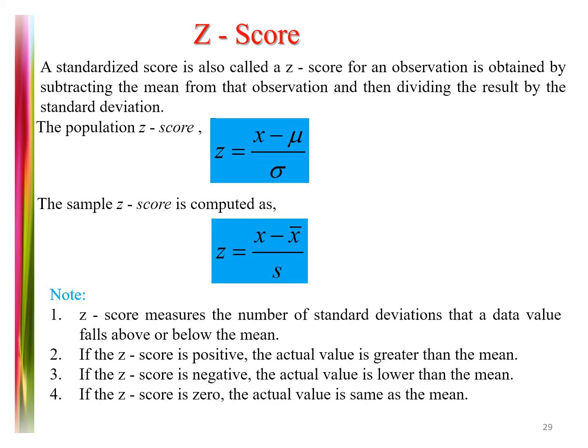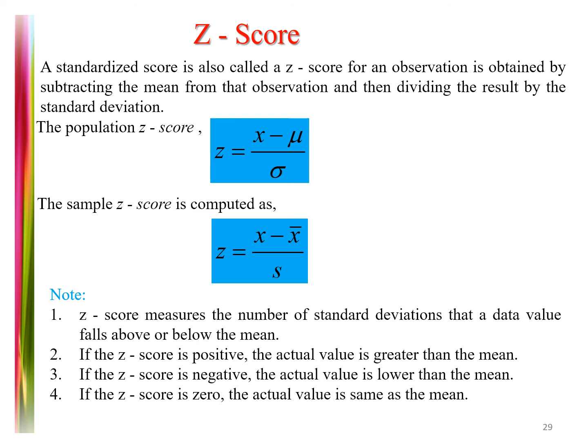All right, so next is Z-score calculation. This is one of the important measurements. In this case, we will also use the average and standard deviation. The standardized score, also called the Z-score, for an observation is obtained by subtracting the mean from the observation and then dividing the result by the standard deviation.